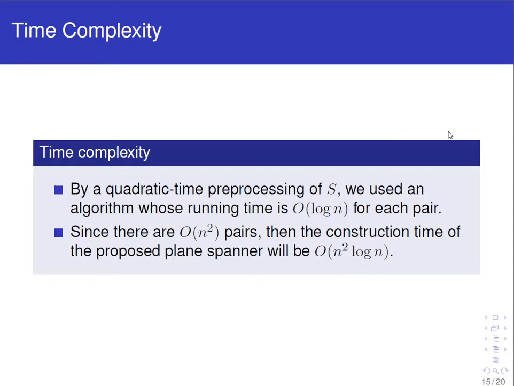We know that the running time of Dijkstra's single source shortest paths algorithm for a weighted graph is O(n log n + m), where n is the number of vertices and m is the number of edges. Moreover, sorting the list of pairs of points in the algorithm takes O(n² log n) time.